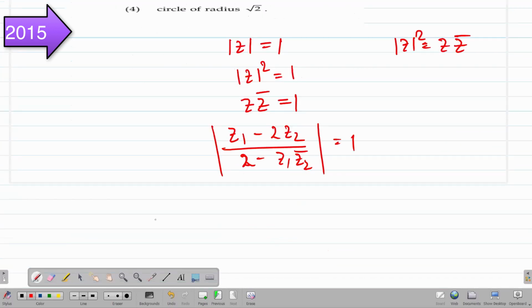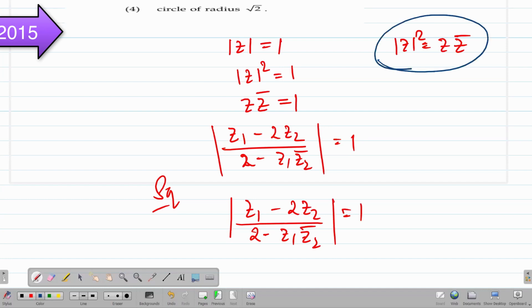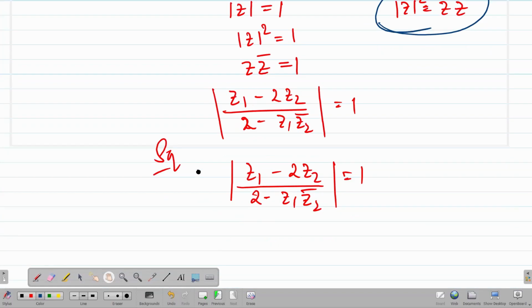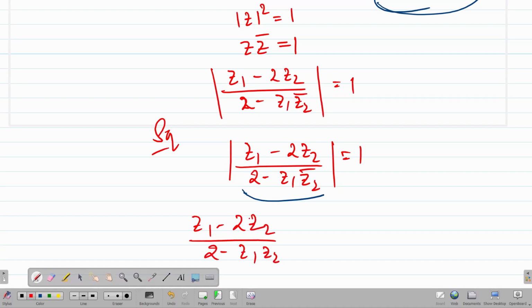Same, what I do, squaring both the sides. And further I use this result that if mod z square is equal to 1, then I just replace this mod z square by z into z bar. So here this is my z. So I just replace this by z into z bar.